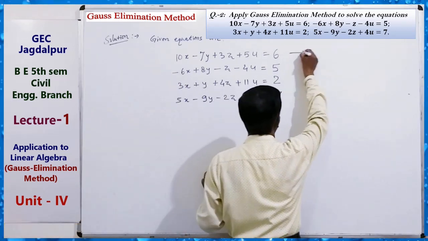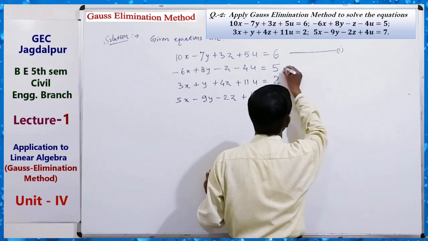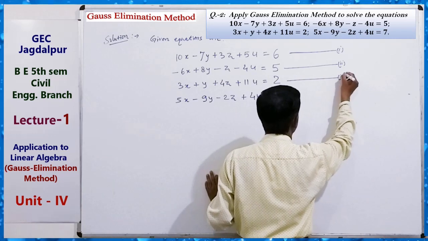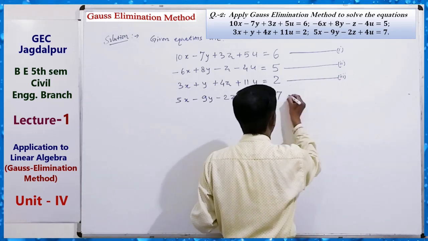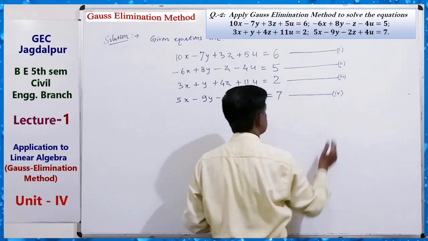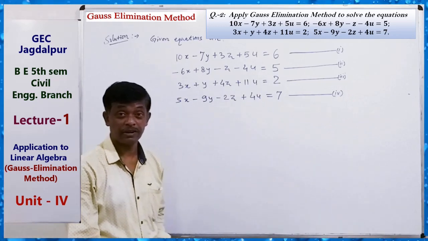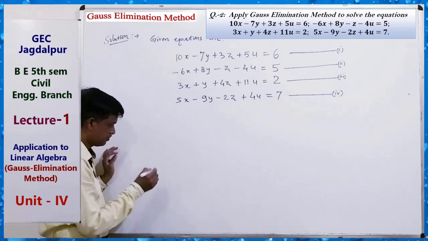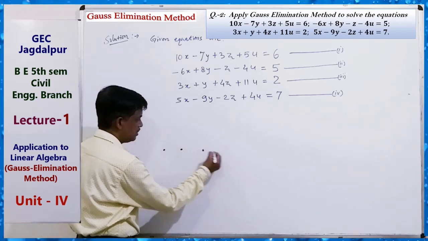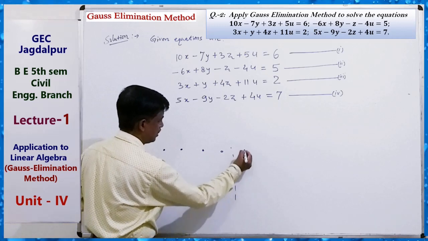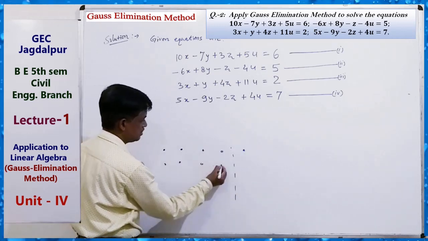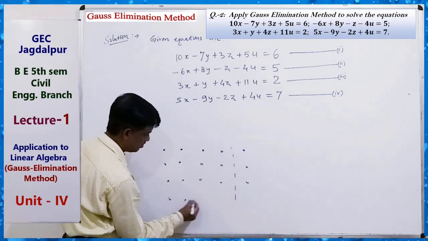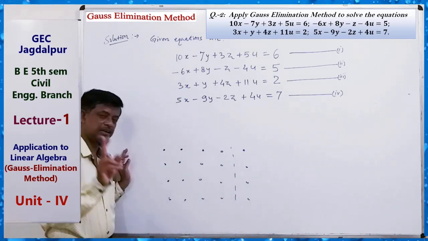First of all, naming is very important here. Name the 4 equations 1, 2, 3 and 4. Now our first target is this position.